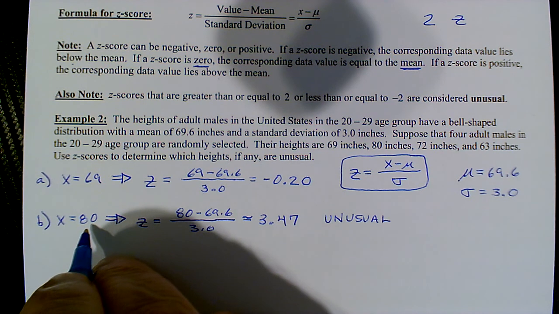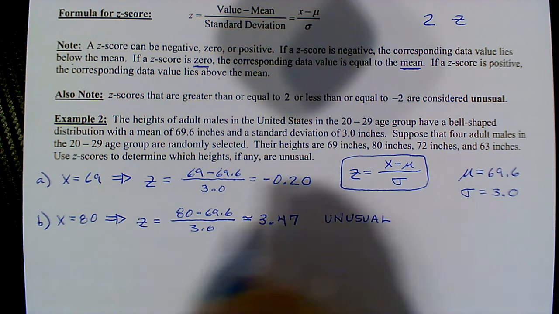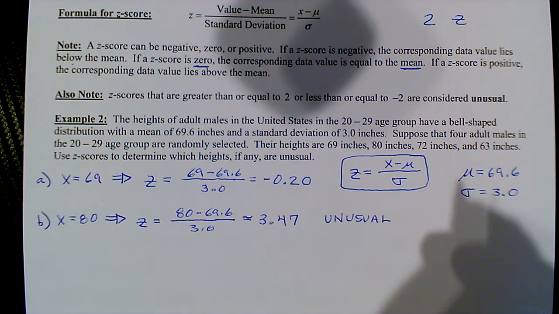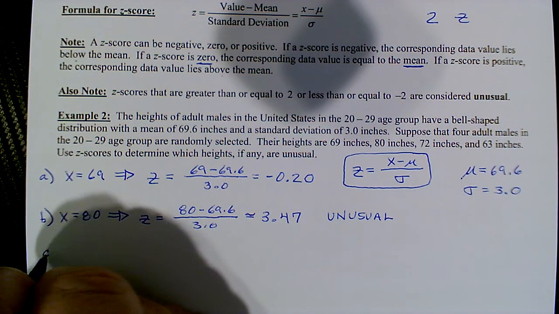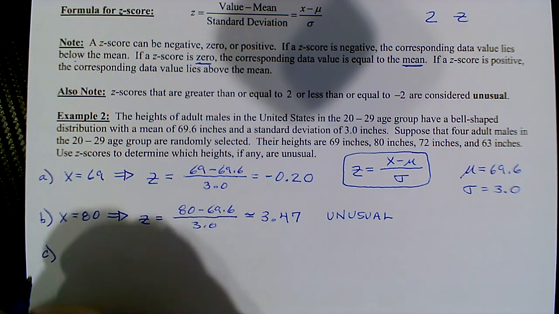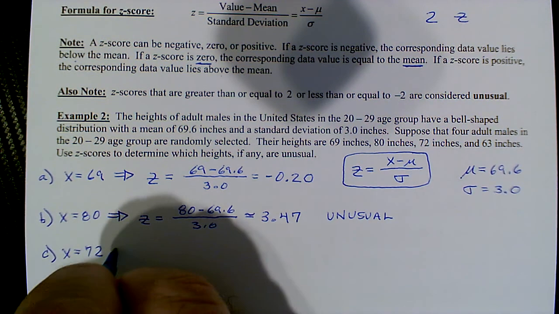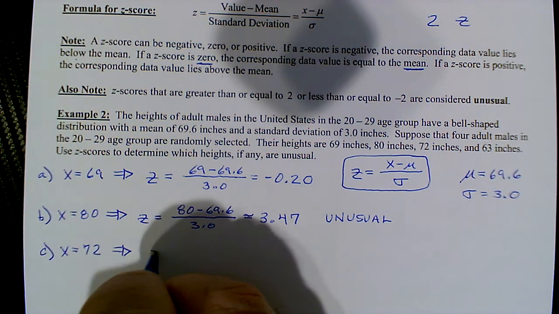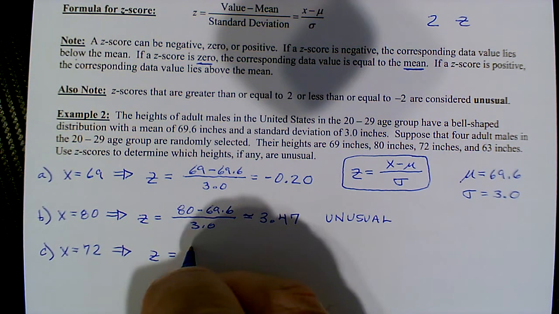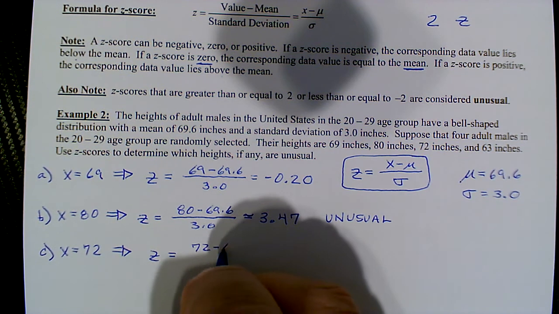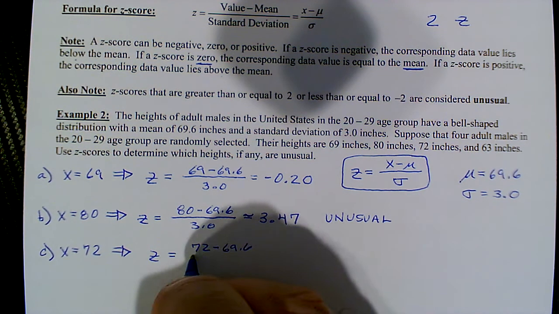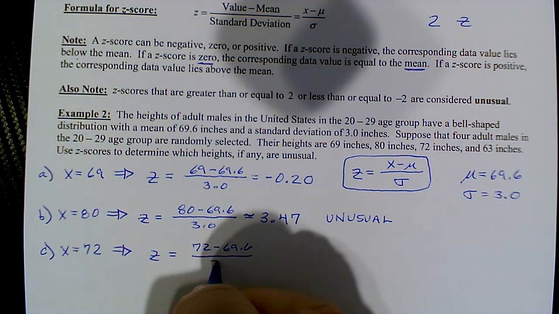Okay, continuing, x equaling 72. So 72 minus 69.6 over 3.0 comes out to be 0.8 exactly. I'll say 0.80. It's not unusual.